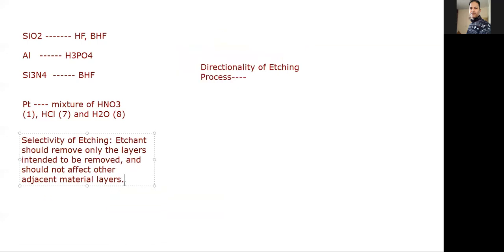So this is your selectivity. Now we come to the topic of directionality.